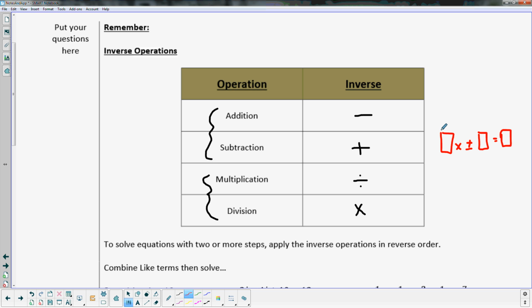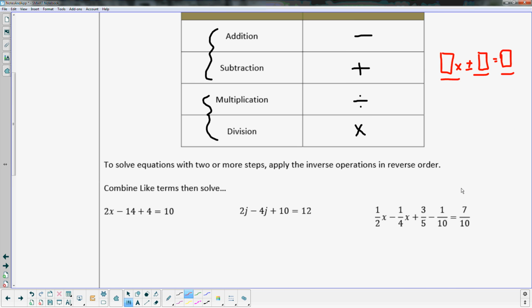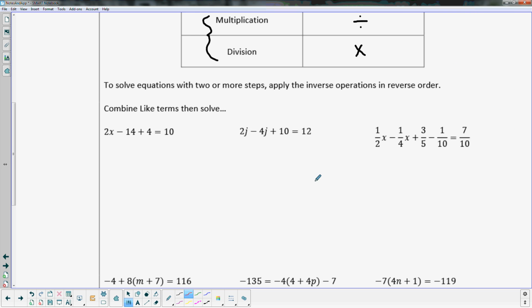So these are my three parts: I have my variable term, my constant term, and something that it equals. I want to simplify every equation by combining like terms to get it into some form like this. So let's look at how we might do that.